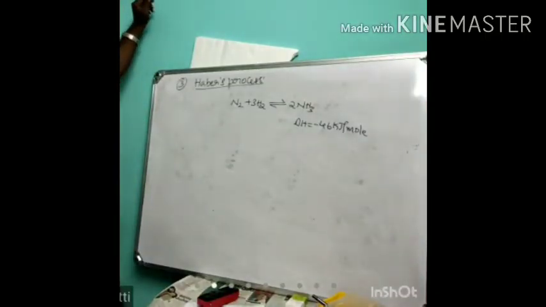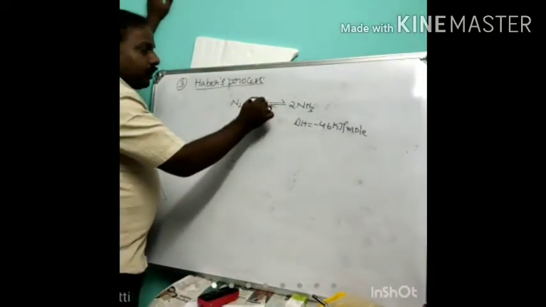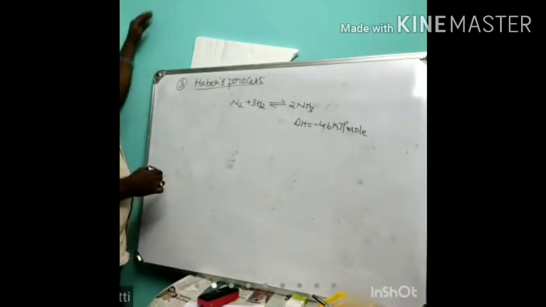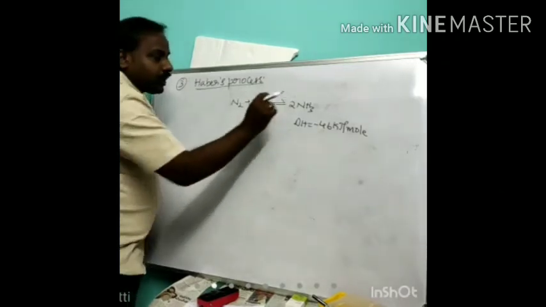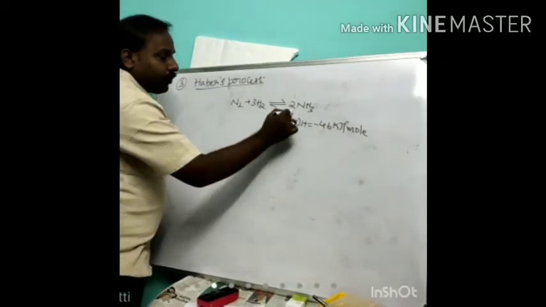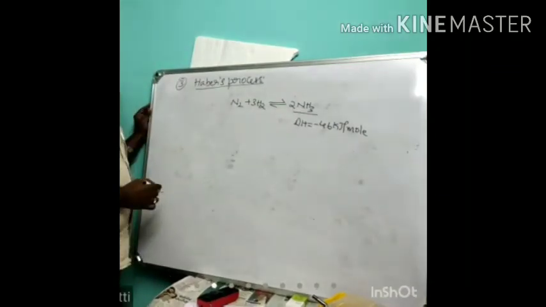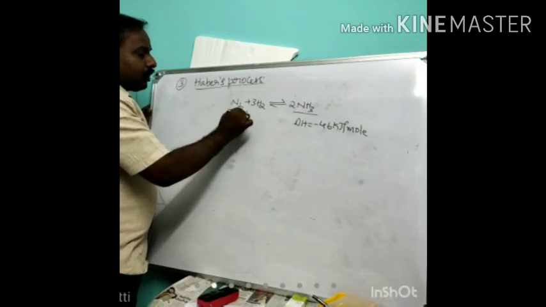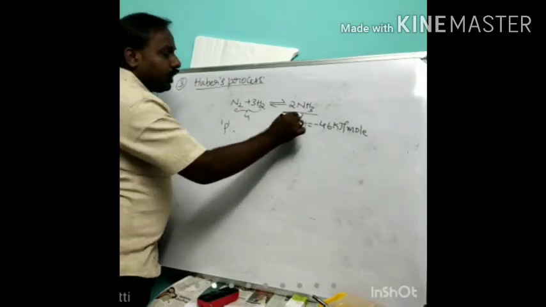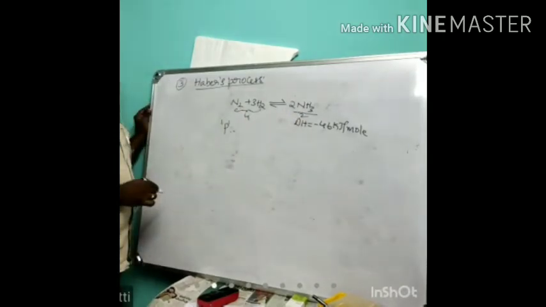According to Le-Chatelier's principle, here the reaction is a reversible reaction. Whenever it is a reversible reaction, we apply Le-Chatelier's principle. The favorable conditions for the formation of ammonia: first, effect of pressure. Here 4 moles are there, here 2 moles are there.